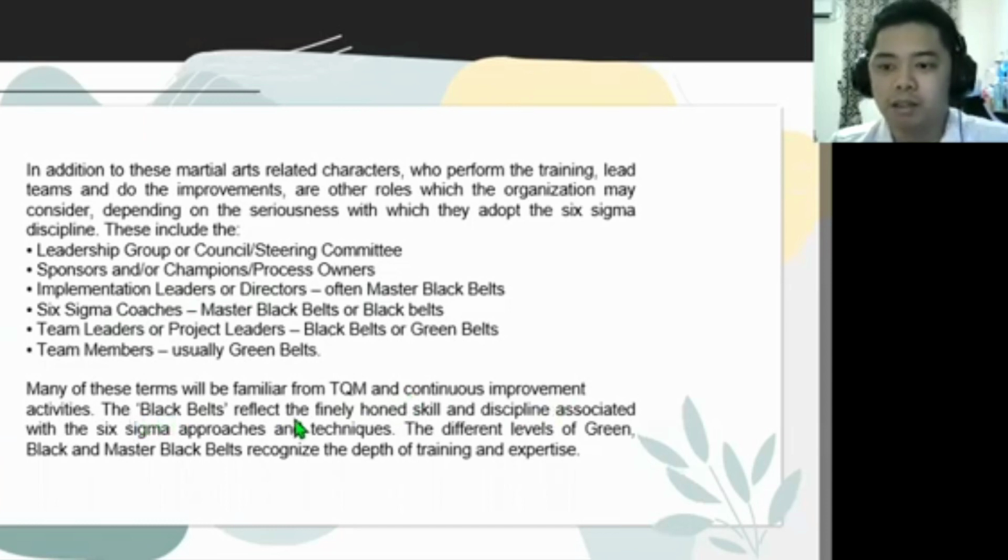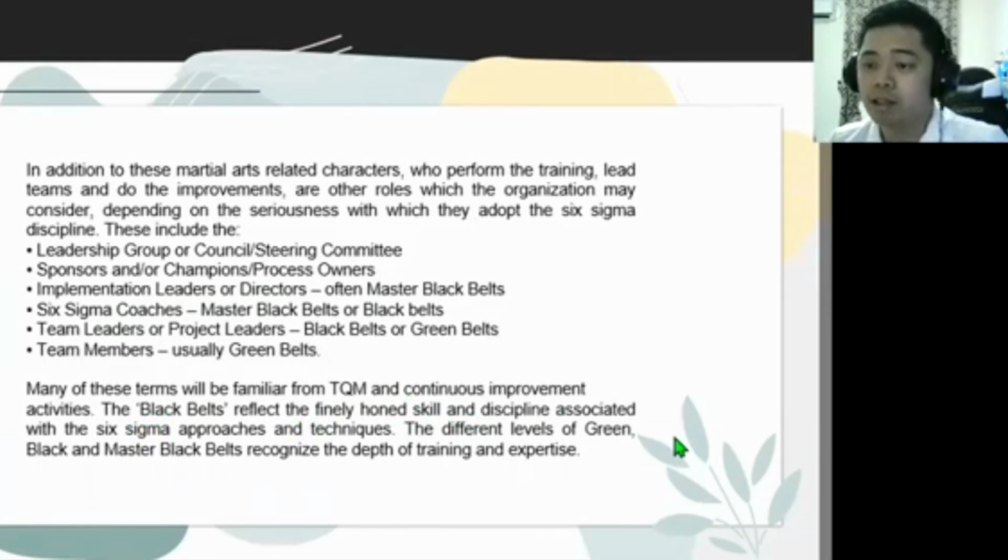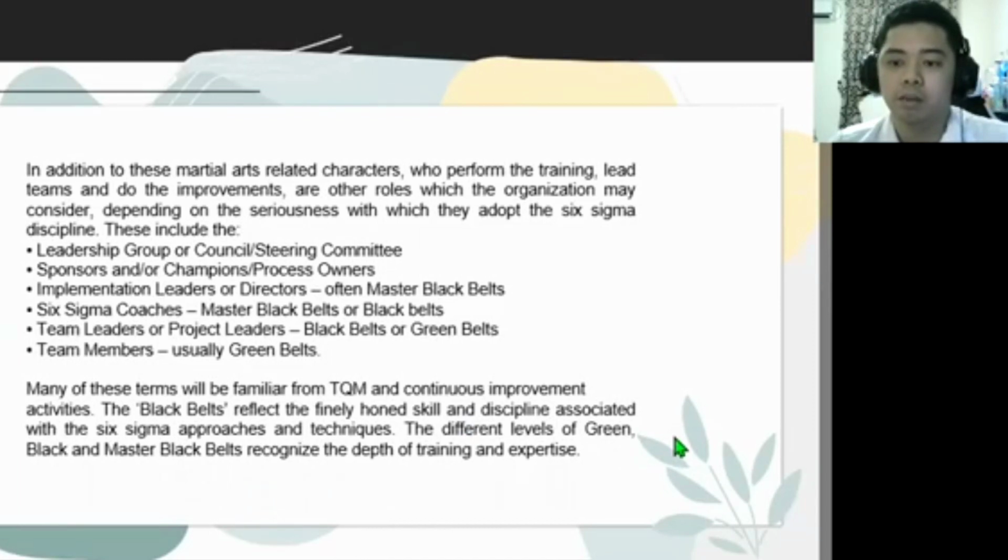The black belts reflect the finely honed skill and discipline associated with the Six Sigma approaches and techniques. The different levels of green, black, and master black belts recognize the depth of training and expertise.